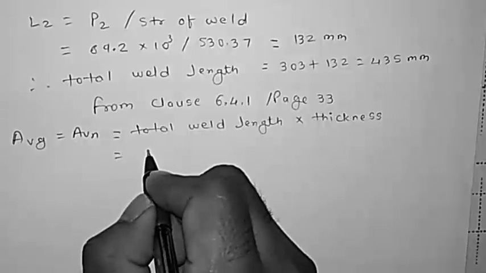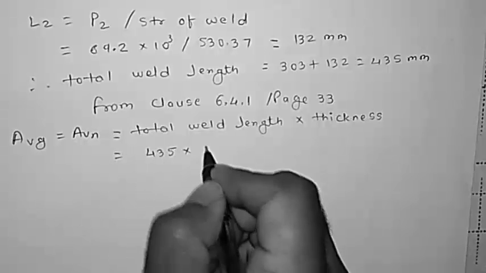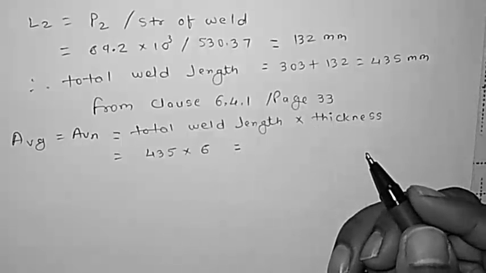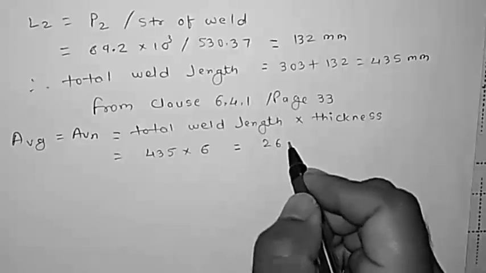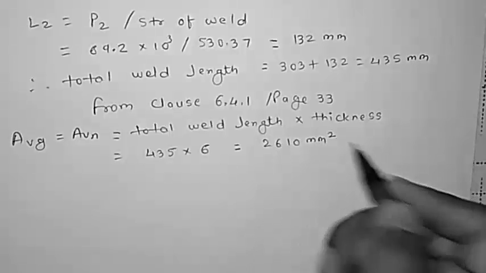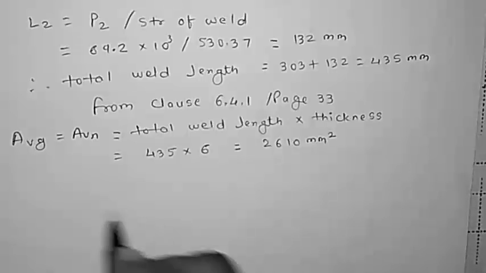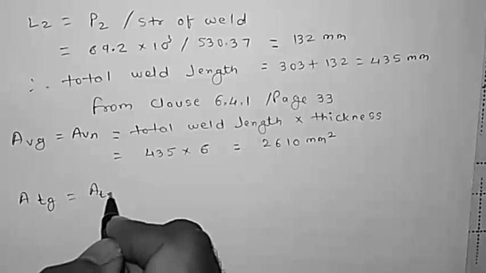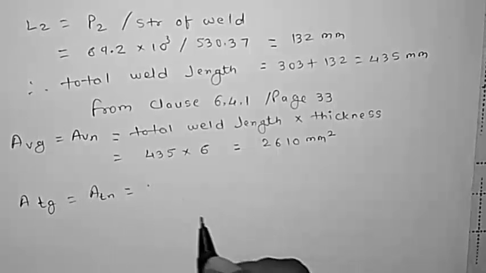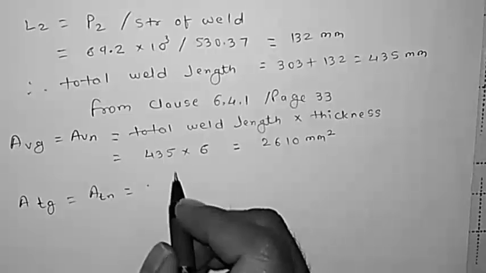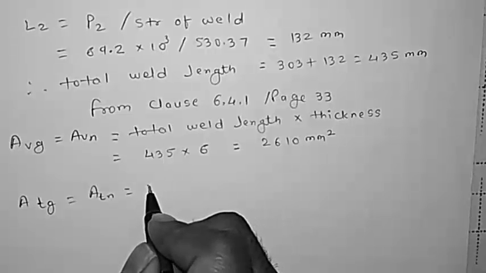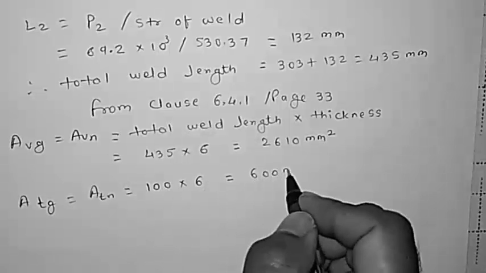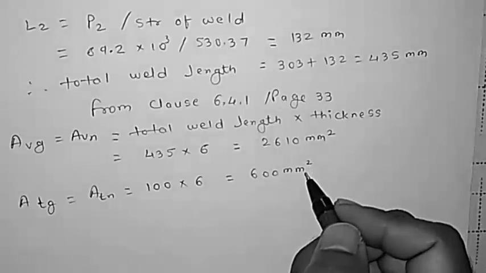So weld length, this is 435 multiplied by thickness, that is 6 mm. So here you will get 2610 mm square. Similarly ATG, which is equals to ATN, and this is equals to the connected leg length, that is of 100 mm multiplied by 6, so this is 600 mm square.